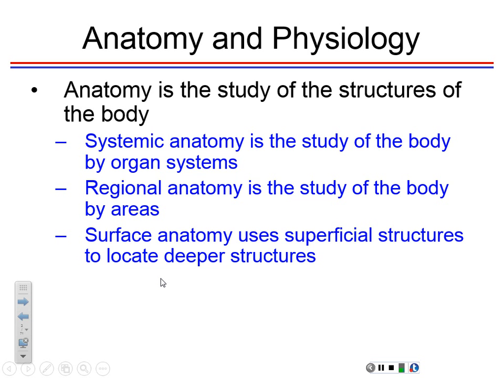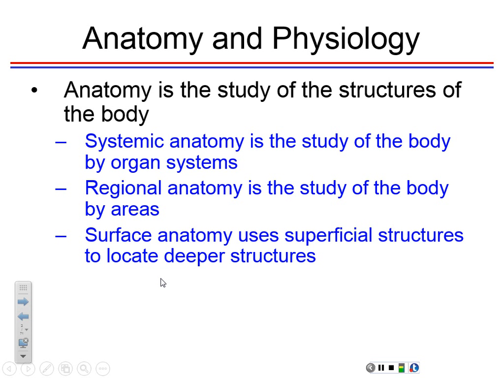We use surface anatomy to locate internal structures. And sometimes in medicine, if they want to estimate the way the organs inside look, for instance, they do what's called percussion. The doctors do that.